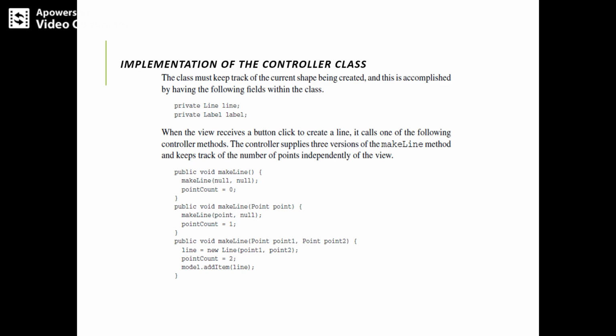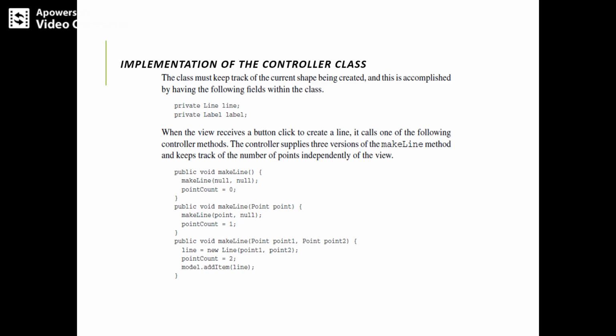Or else we just say that the variable point count, whatever we have taken, is initially 0, then 1, and then 2.